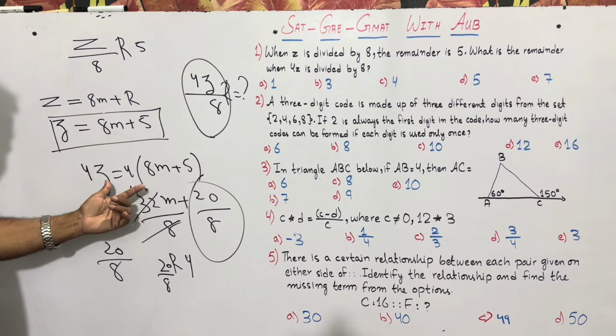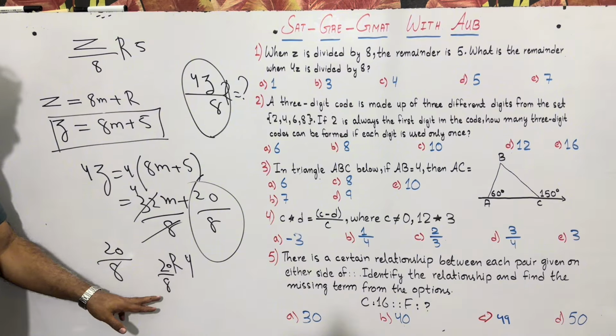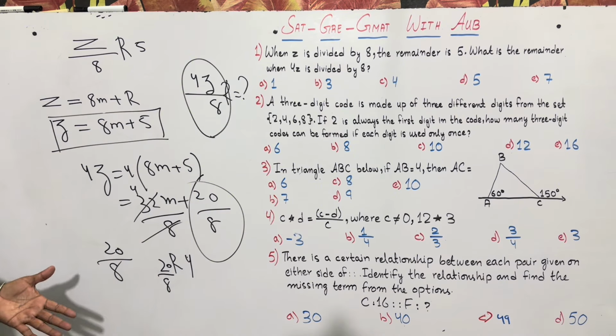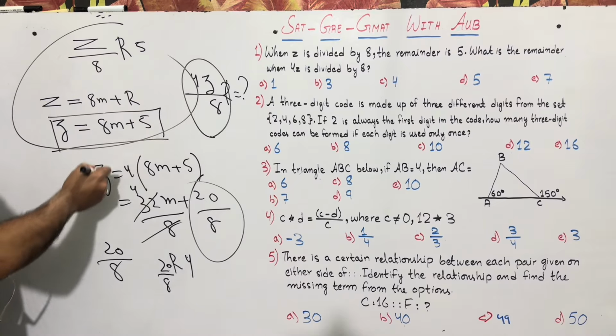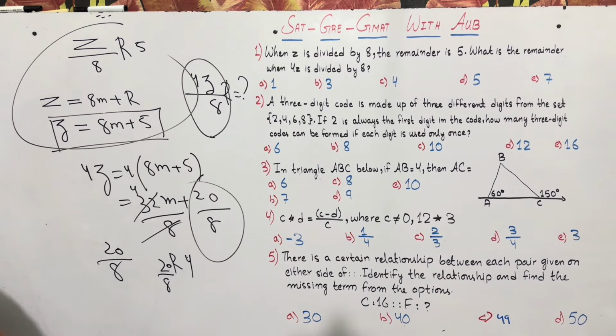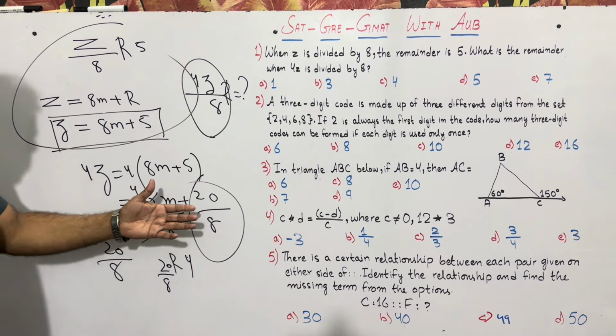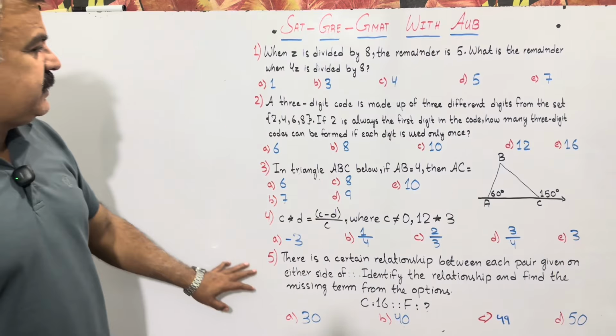Then plug in the value of 4z and find the remainder, which is 4. That's a wonderful tip to solve all such types of questions, elegantly present in good competitive exams. Moving towards question number 2.